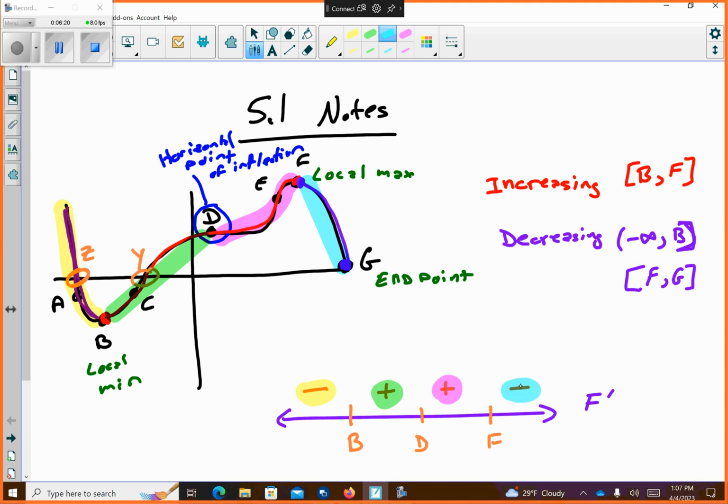Okay, so things that you should know about point B. If I just gave you that F prime line, if you didn't have the graph to look at, this means right here, because your signs change directions, it goes from a negative to a positive, this means that we had a local minimum value.